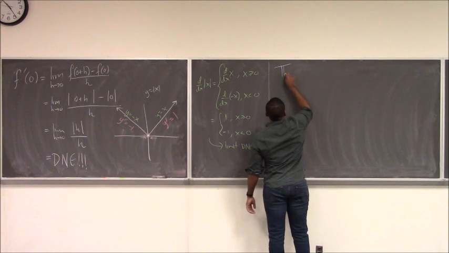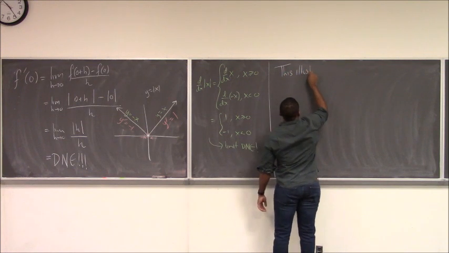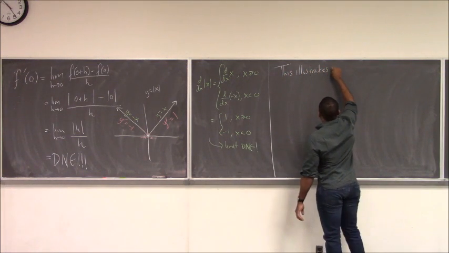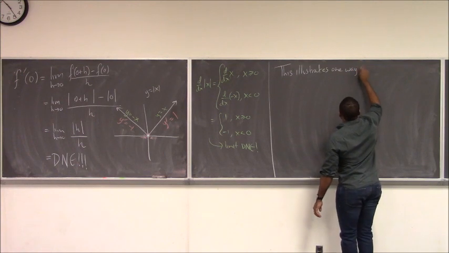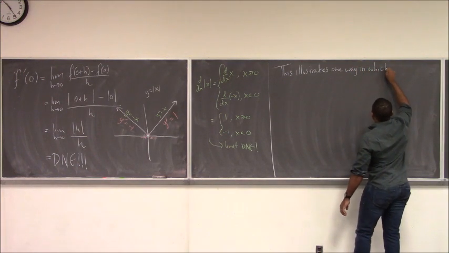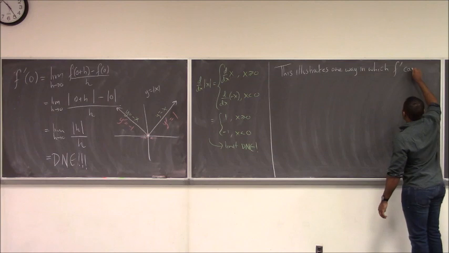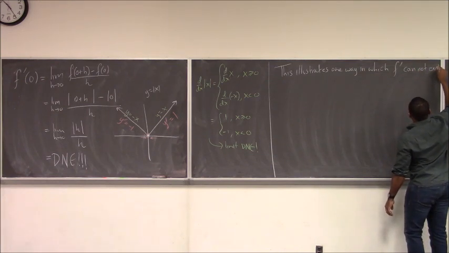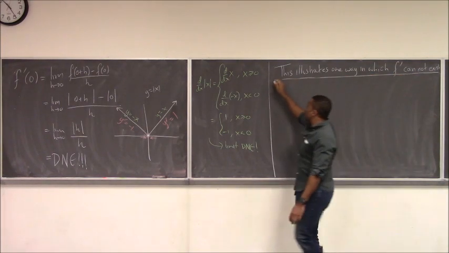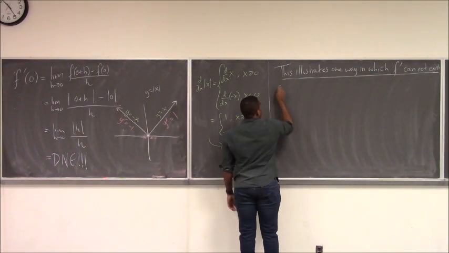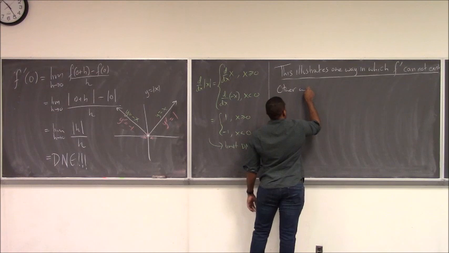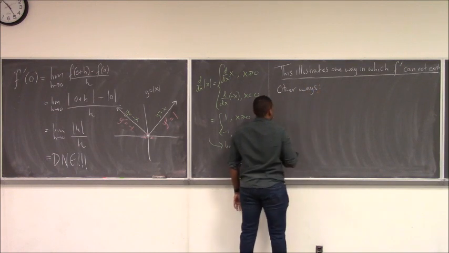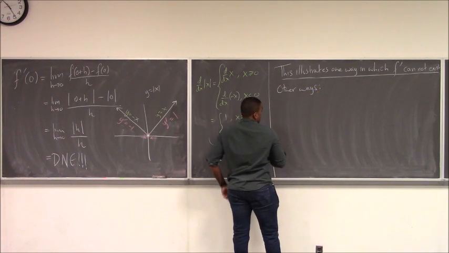So this illustrates one way in which the derivative would not exist. There are others. Which is where we'll end things today.